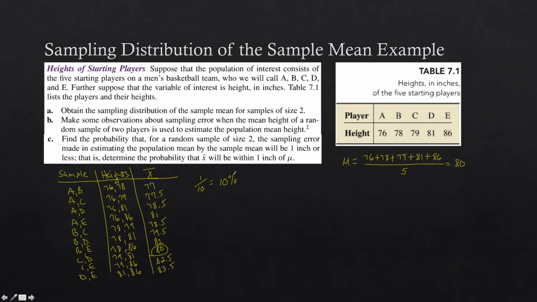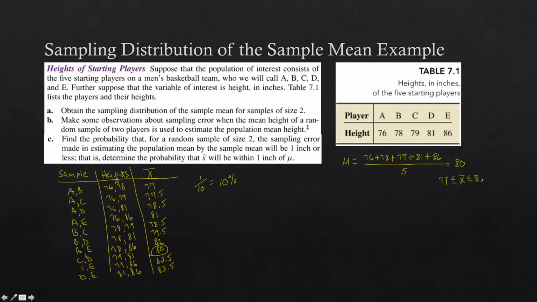Now, letter C says find the probability that for a sample size of 2, the sampling error is within 1 inch of 80. So in other words, we want to know how many of these are within 79 and 81.